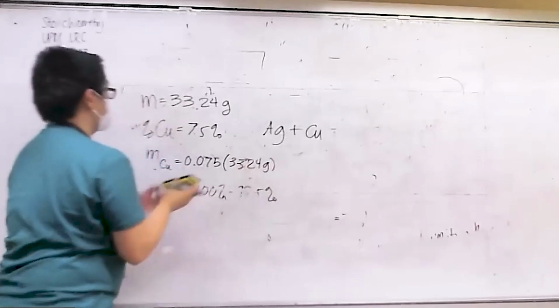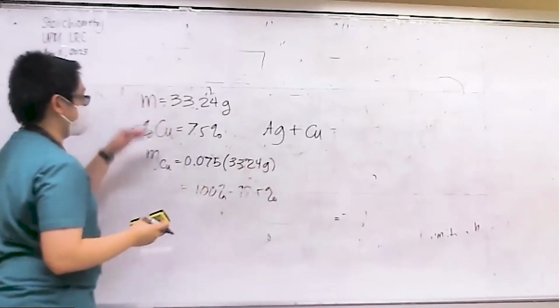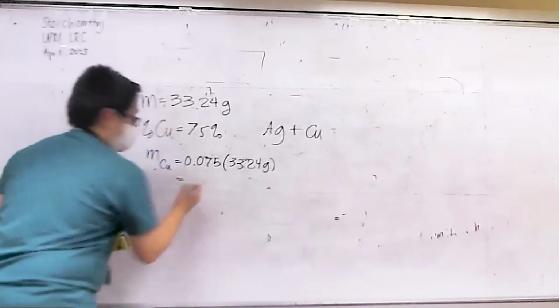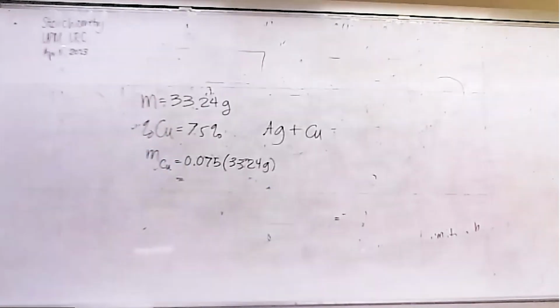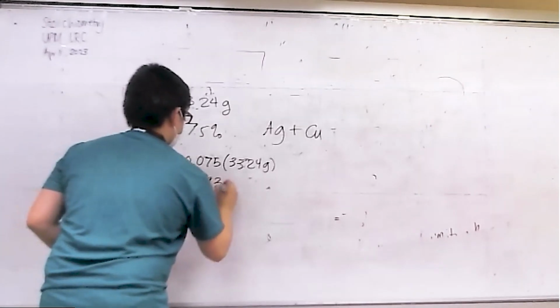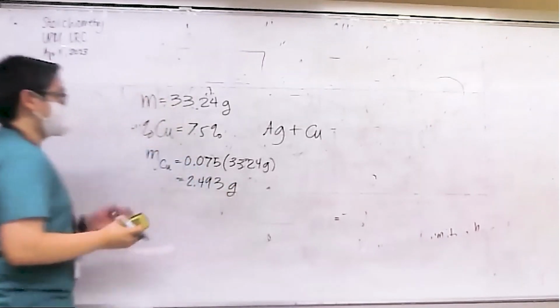Since sinabi nga natin na 7.5% of the total mass is the mass of the copper. So, mass of the copper is equal to 2.493 grams. So, ganun siya kinukuha.